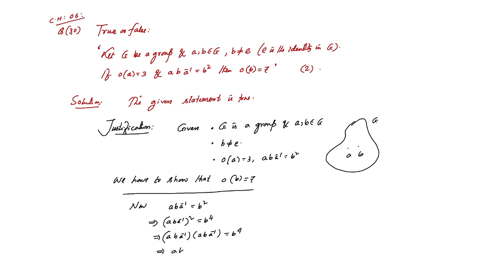By associativity, we can write A B (A inverse A) B A inverse equals B to the power 4. That implies A B identity B A inverse equals B to the power 4, and from that we can write A B square A inverse equals B to the power 4.